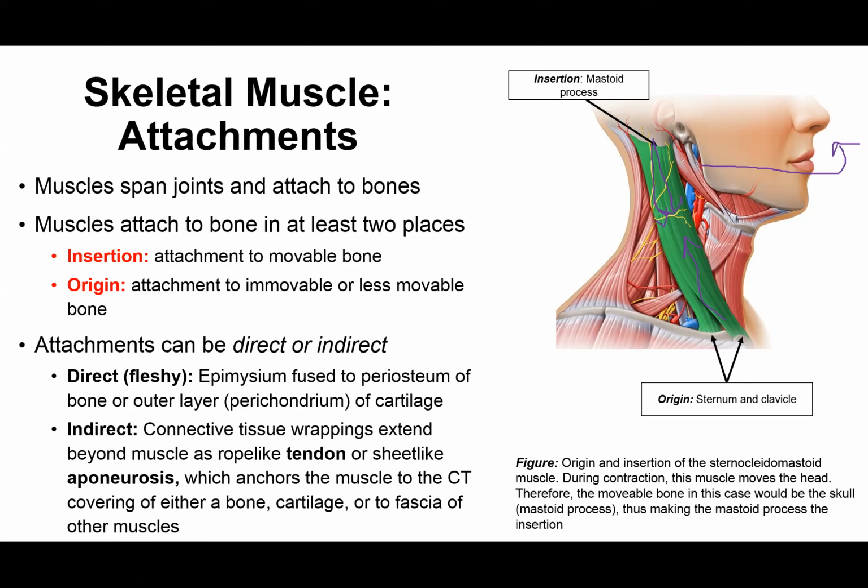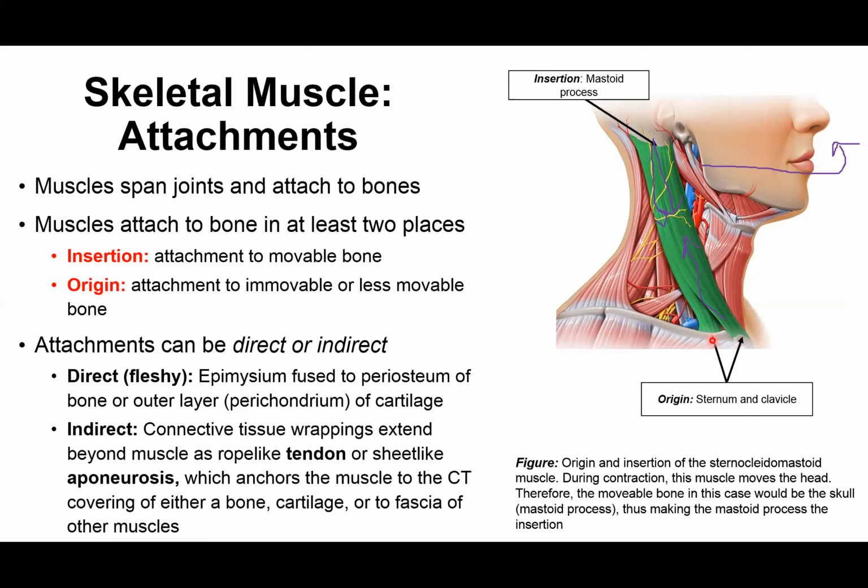So in addition to knowing and understanding the insertion and the origin, it's also important to understand that these attachments can either be direct attachments or indirect attachments. In a direct attachment, the epimysium is fused to the periosteum of the bone or the outer layer of cartilage. So a direct attachment means to bone or to cartilage. Okay?